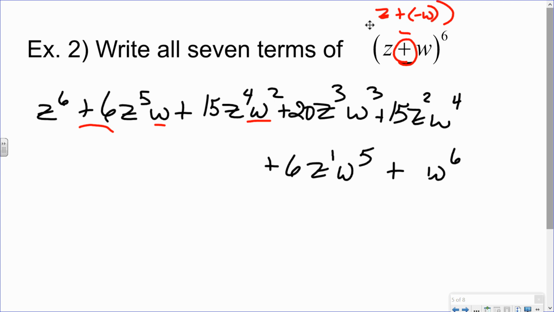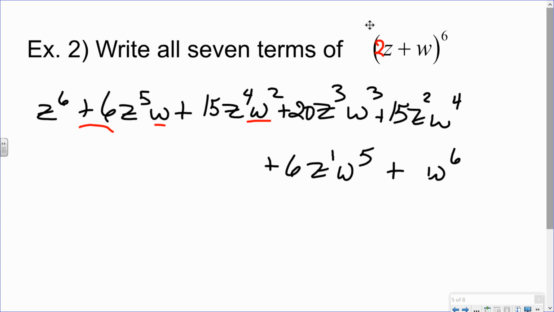After you've had a few of those, they're going to change it and maybe have a 2z instead of just a z. Or maybe have a 5x squared wz cubed for the last term.